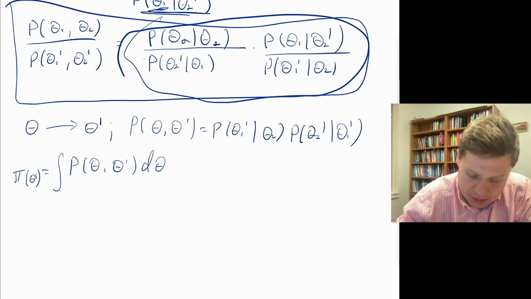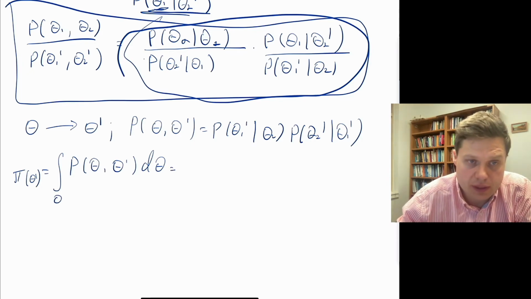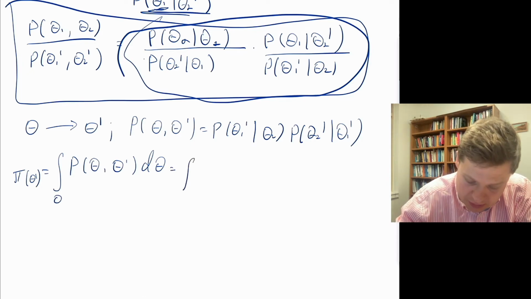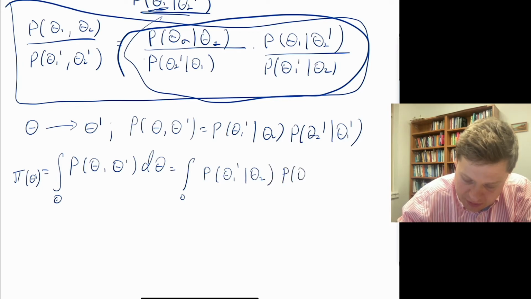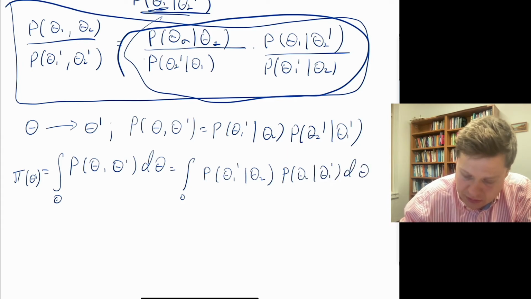Okay, and so we can write it down as an integral over theta, and here we have P of theta 1 prime given theta 2 times P of theta 2 prime given theta 1 prime, d theta.